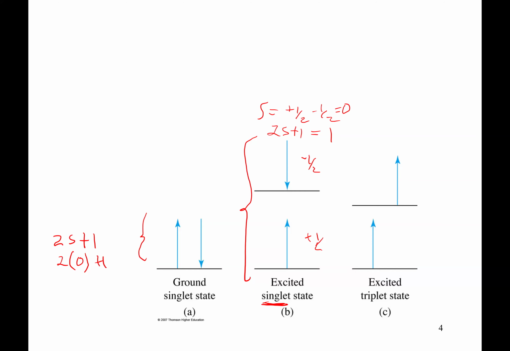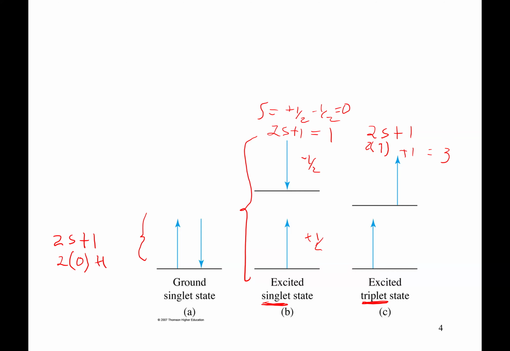And you can see here, both of them have a spin up, and that means the total spin, considering these two electrons, will be plus a half and plus a half. That is 1, which means the spin multiplicity, 2S plus 1, equals 2 times 1 plus 1, which equals 3. This is a triplet state.